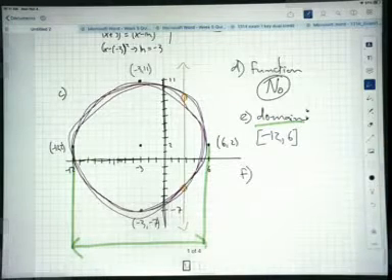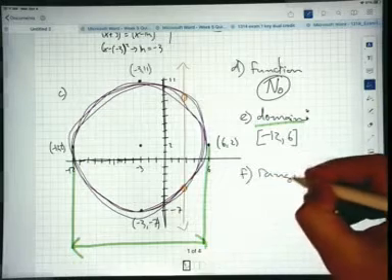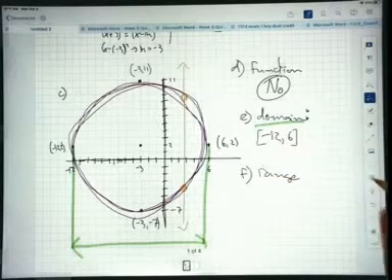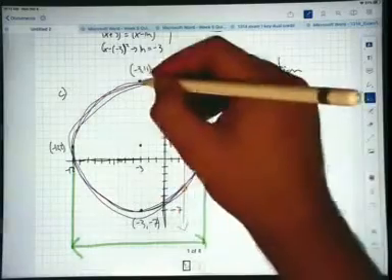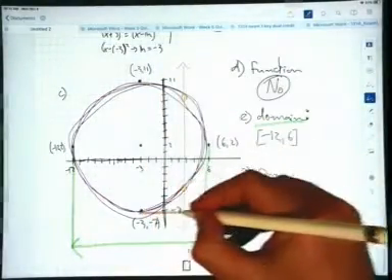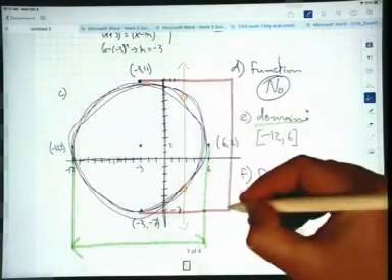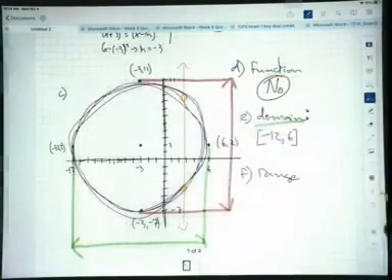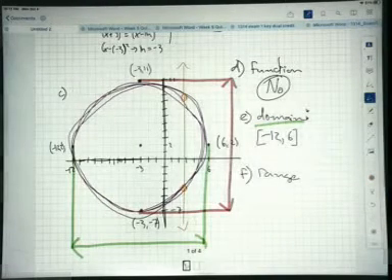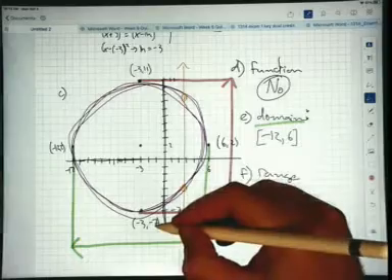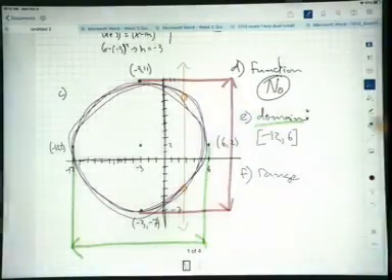F, what is the range? When it comes to the range, we need to talk about all the y values on this graph. So what are all these y values? Well, the y values go from negative 7 all the way up to 11.